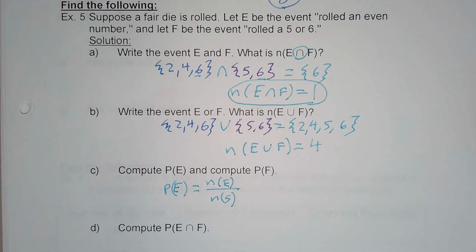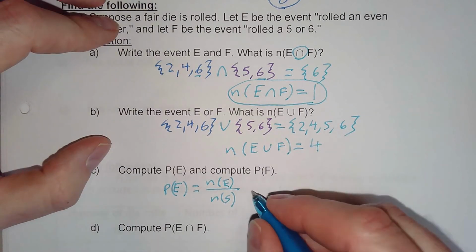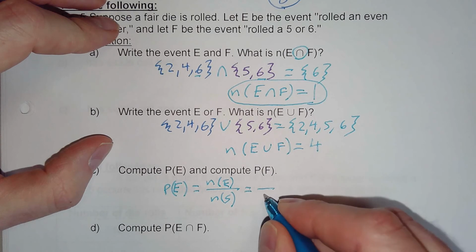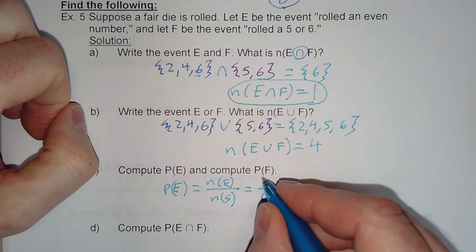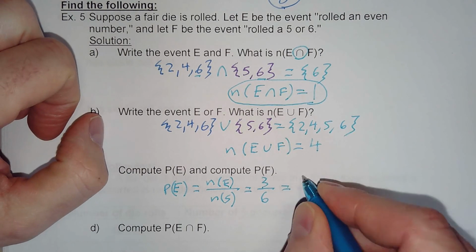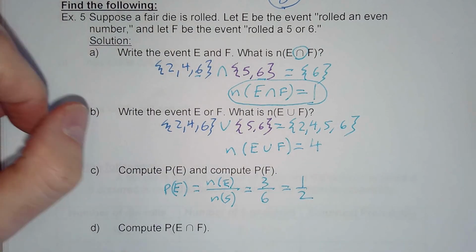So we're rolling a 6-sided die. So our sample space here would have 6 elements in it. So N of S would be 6. And then E, well, there's 3 ways we can get an even number: 2, 4, and 6. So that reduces to 1/2.